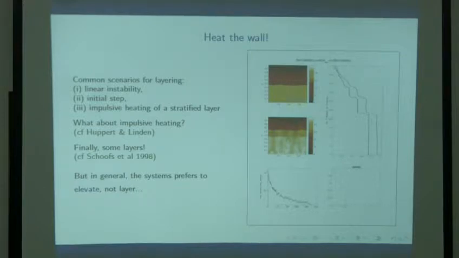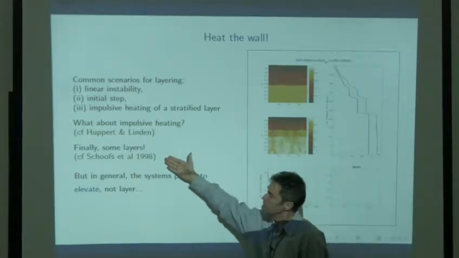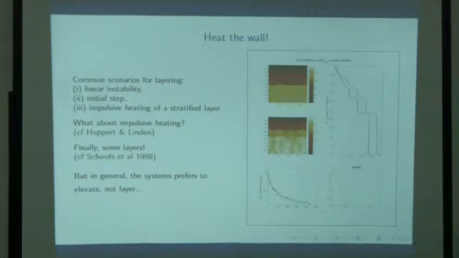They actually did some calculations at very, very high Rayleigh numbers, and they had much lower resolution. Anyway, it does seem to be the case that if you go for this particular scenario, you do get layers. Okay, but in general, more often than not, we found that the system just liked to elevate, not layer.